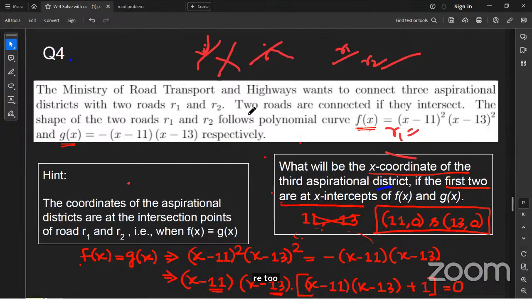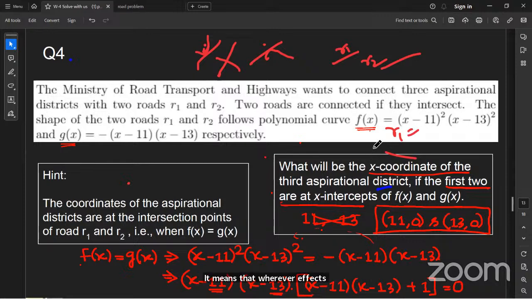But the question has given that the first two cities are the x-intercepts of f(x) and g(x). It means that wherever f(x) and g(x) meet the x-axis, the first two cities lie there only, right?